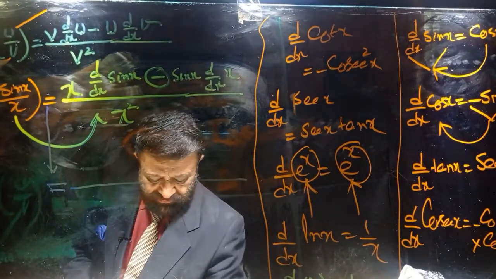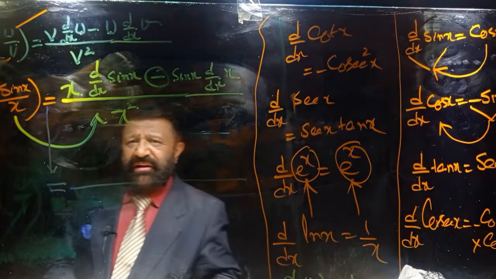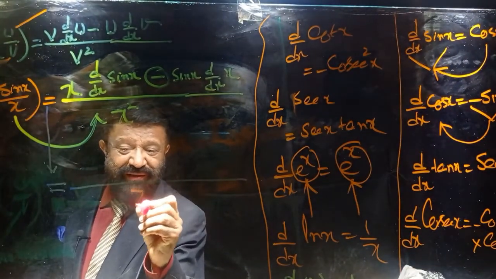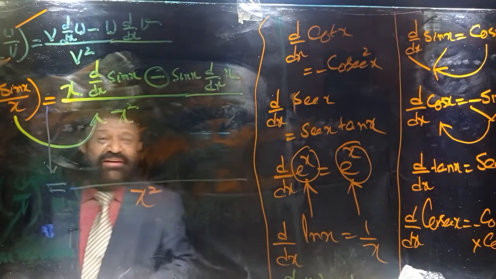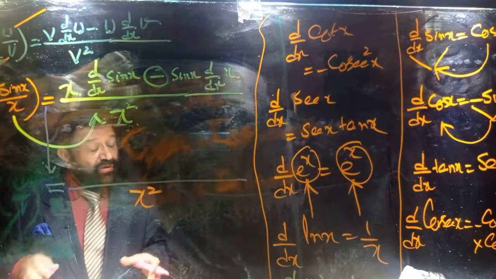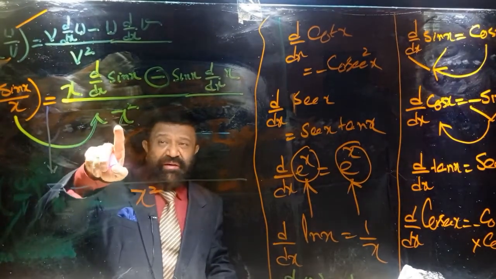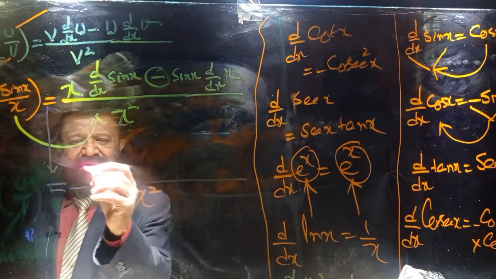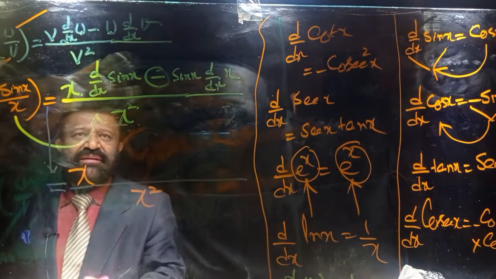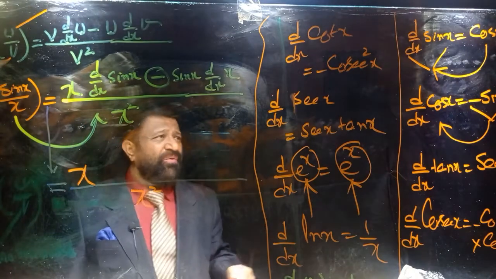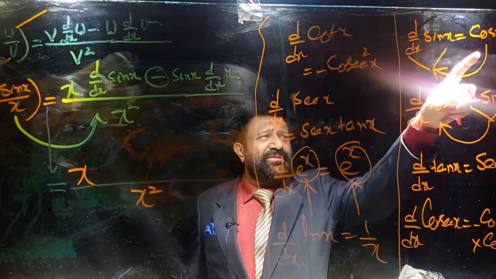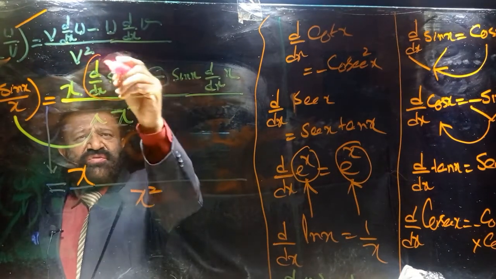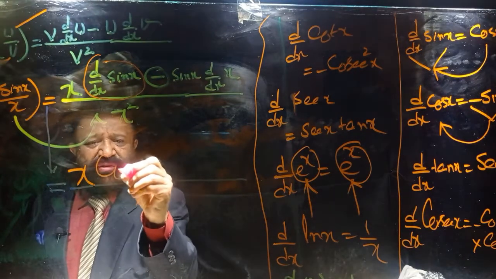Now you see x square over here, you will write x square over here. Did you change anything? No change. There was x square over here, x square over here. Then x, then the derivative of sin x. The derivative of sin x is equal to cos x, so you will write cos x over here.